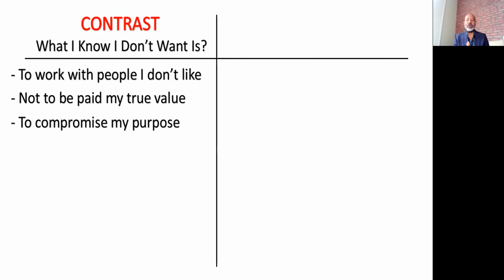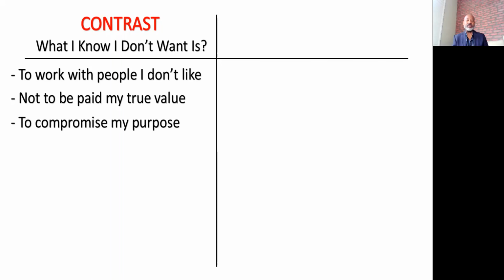What I know I don't want is to work with people I don't like. And what I know I don't want is not to be paid my true value. What I know I don't want is to compromise my purpose. These are things that I know I don't want in my future, and I can identify those.